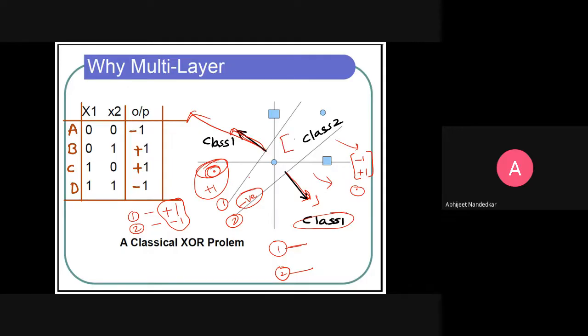In this common zone, which is the opposite side of this line and the opposite side of this line, I will get -1 and -1. In that case, I will say it's a class 2 sample. Now, to decide that +1 -1 or -1 +1 means class 1, I require another neuron.